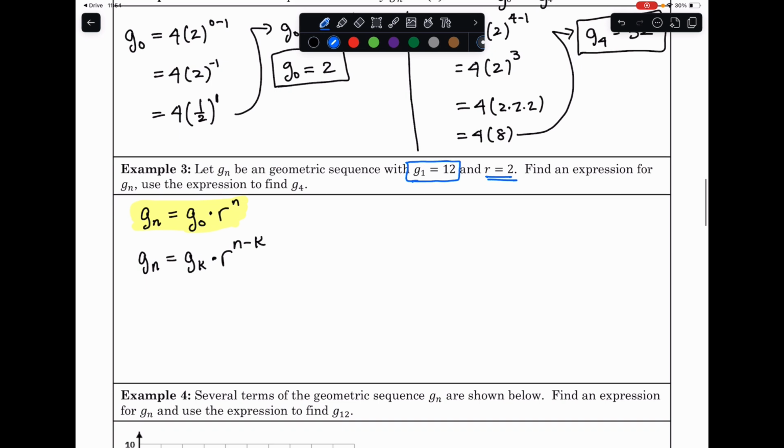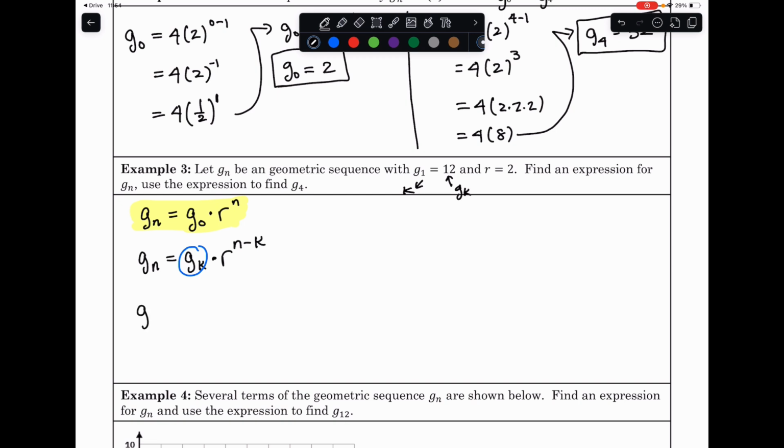So what we're going to do is replace this number again right here. And let me highlight this. So here our g of k is going to equal this value of 12. So our k value is 1, and our g of k is equal to this value of 12.